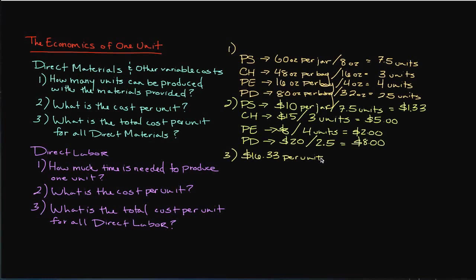All right, so this is not looking good, right? We know that we're selling pizza for $12 per unit, and it's costing us $16.33 simply in the ingredients to make this thing. So this is probably not a very good idea. We're going to have to look at supplies and ingredients to see if we can find things for lower cost, but this is just an example, of course.